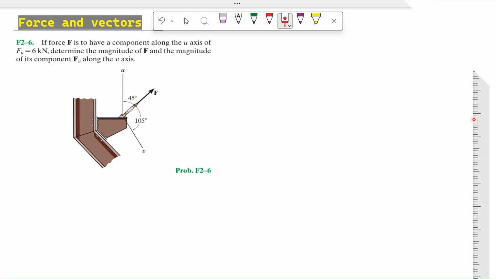I will draw Fu from the resultant force 45-degree anti-clockwise, and I will draw Fv, the other component of the force, from this point. The angle between the resultant force and the other component is 105-degree. So I will draw it in this way. You can observe how I am drawing the correct triangle.